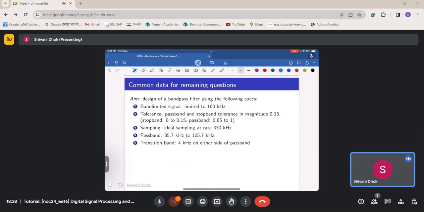So the data which we are having here is, the first thing, that we have a band limited signal which is limited to 160 kilohertz, and then they have given that the passband and stop band tolerance is 0.15 in magnitude, that is, the stop band is 0 to 0.15 and the passband is 0.85 to 1 in magnitude.